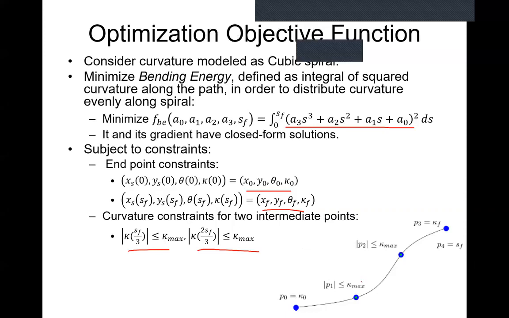So if we constrain these two points, then this smooth function, the spiral, will ensure that at every point along the path, the kappa max constraint is satisfied. So that's a key advantage of the spiral approach. That is, you don't have to constrain every point on the path, only a few points for the curvature.